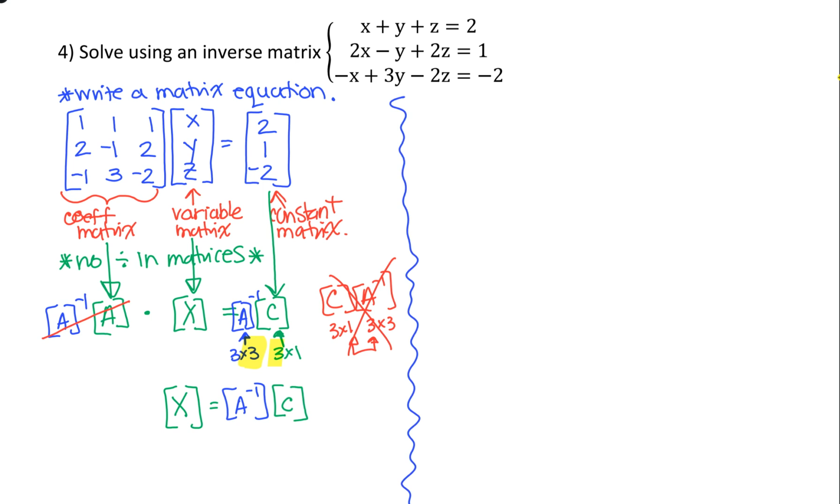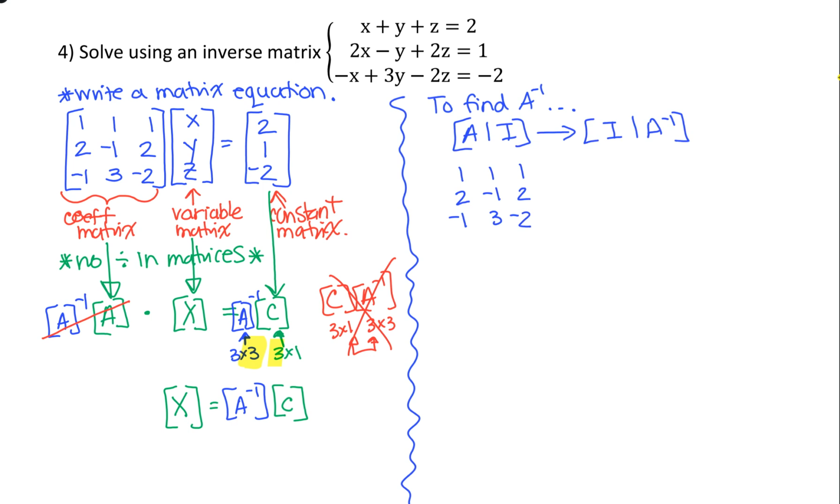To find A inverse, we set up matrix A augmented with I, convert it to the identity, and then the inverse is on the right. So matrix A is 1, 1, 1, 2, -1, 2, -1, 3, -2, augmented with the identity 1, 0, 0, 0, 1, 0, 0, 0, 1.